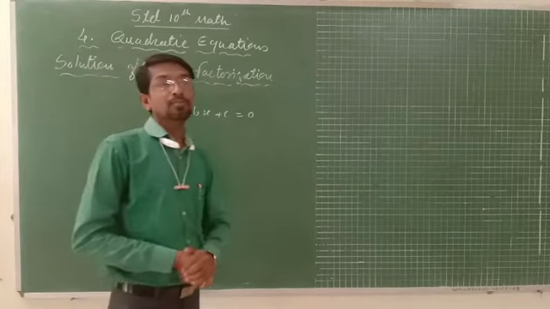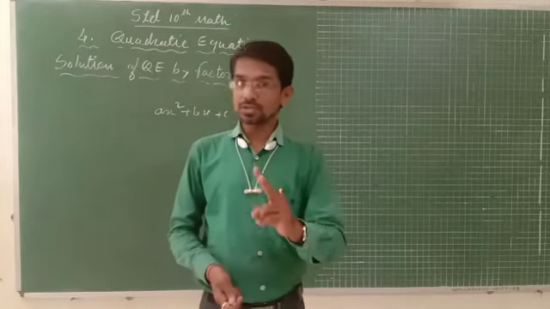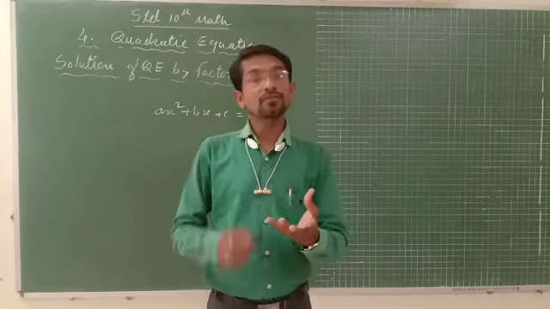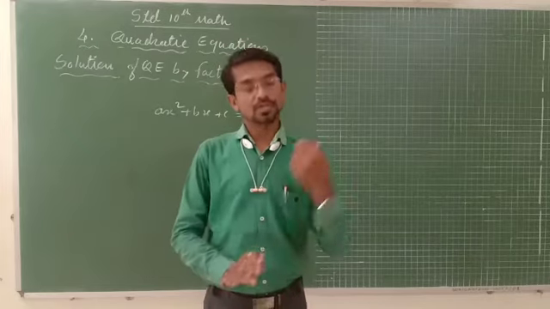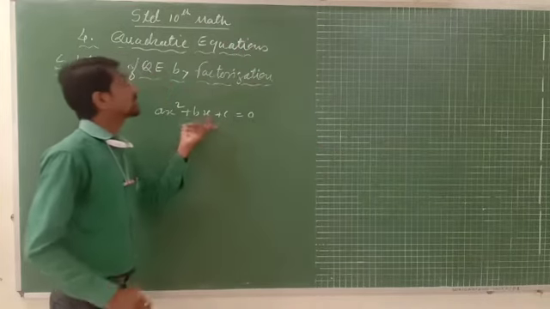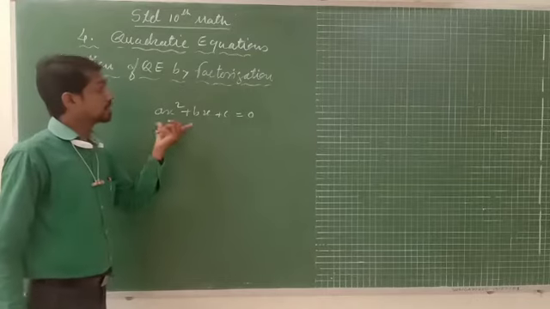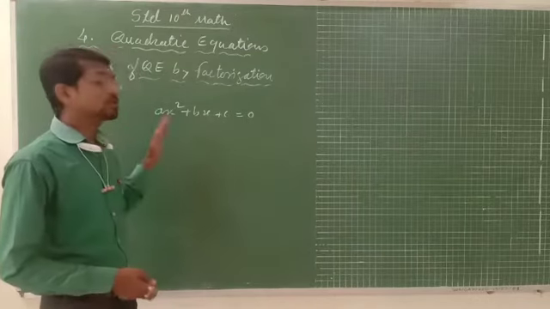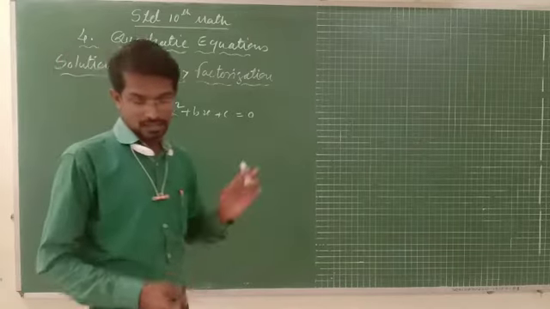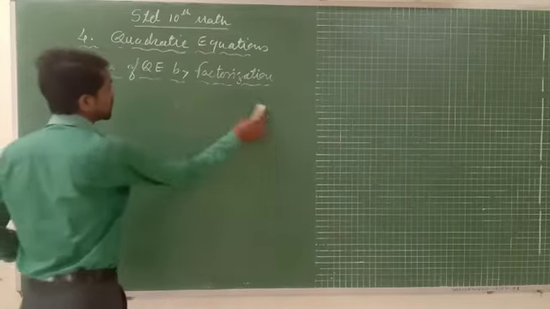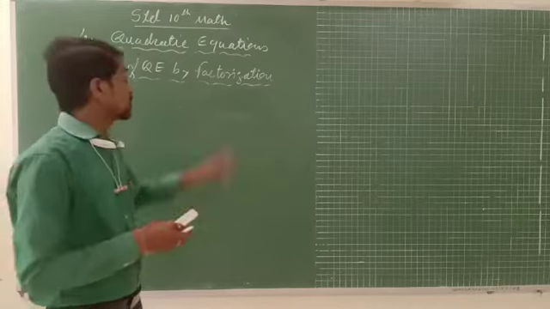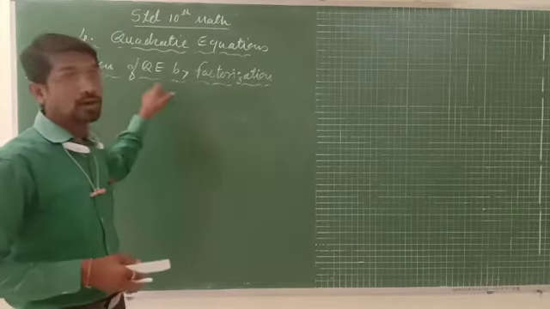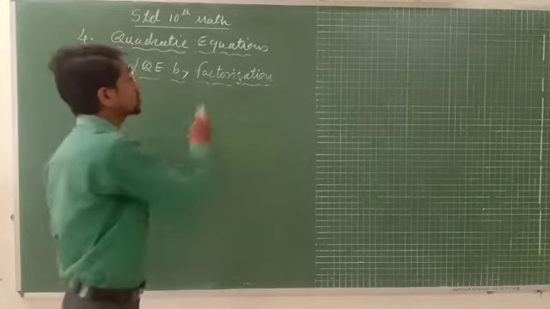As a quadratic polynomial has at most two zeros, the quadratic equation also has at most two roots or two solutions. How to find them, we see now. Let's take one example. The first method to find the solution of a quadratic equation is the factorization method.